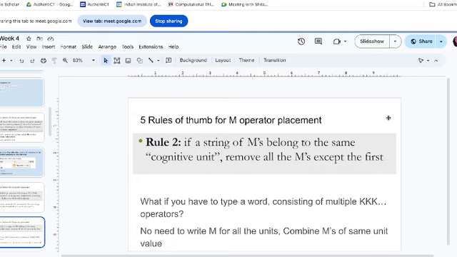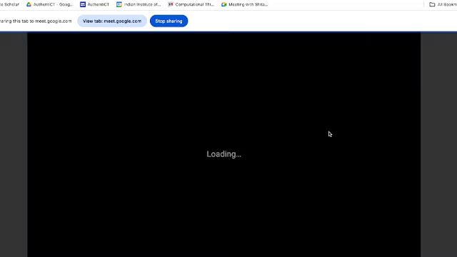Every time, are you doing the thinking again and again, decision making time again and again? Sometimes no. So this entire process of clicking on a series of next can be combined and represented as one M before the first clicking activity. That's the takeaway for this rule number 2.